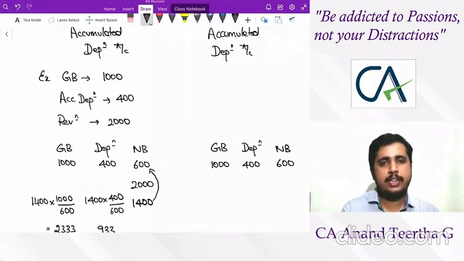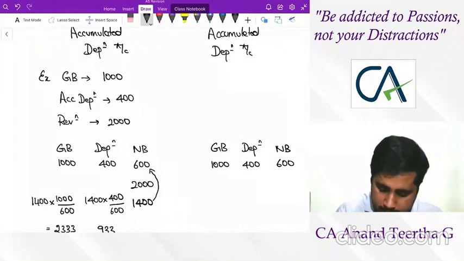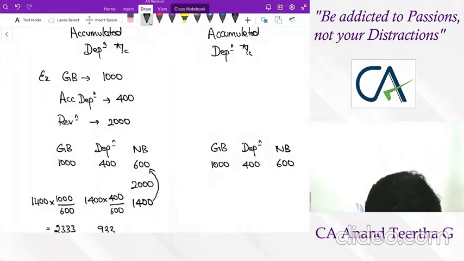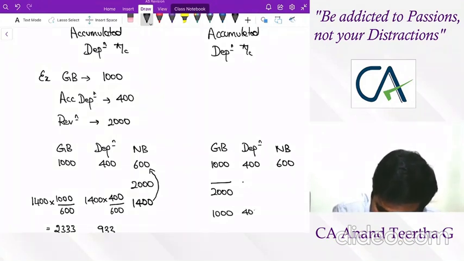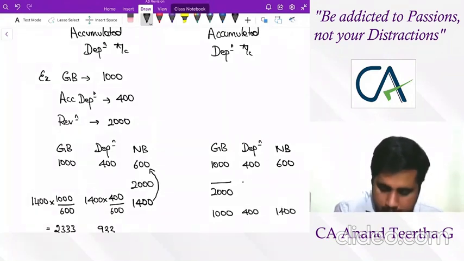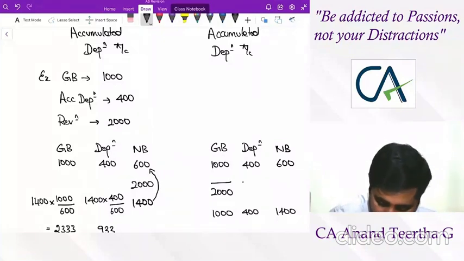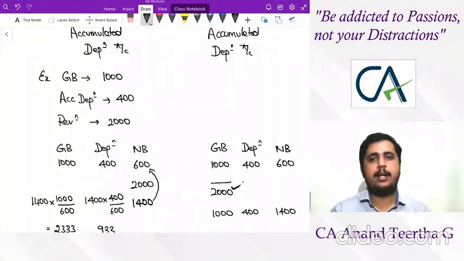So if 2000 is the revalued figure, then 1000 is the gain under gross block and 400 will be the depreciation reversal. Total gain is 1400, which will lead to a 2000 net block.